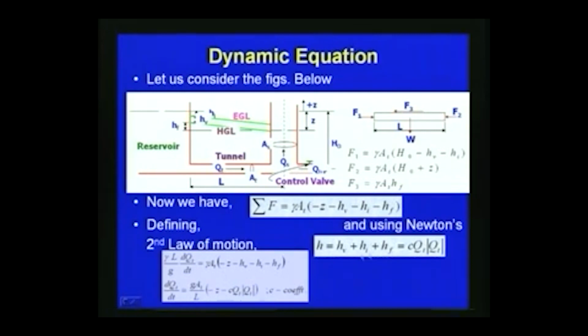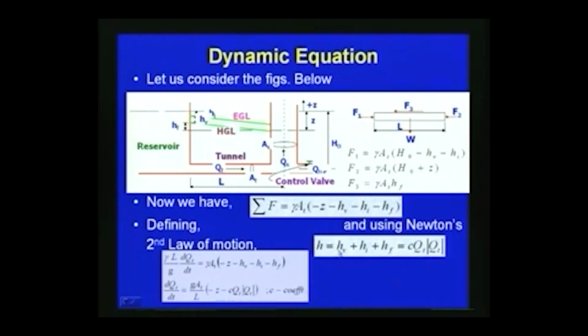Here we consider the mass as gamma L A by g, and with respect to acceleration dV by dt, that is represented by dQt by dt. So we can write gamma L by g into dQt by dt, where Qt is the discharge through the tunnel, equal to the net resultant force gamma AT into minus Z minus HV minus HI minus HF.